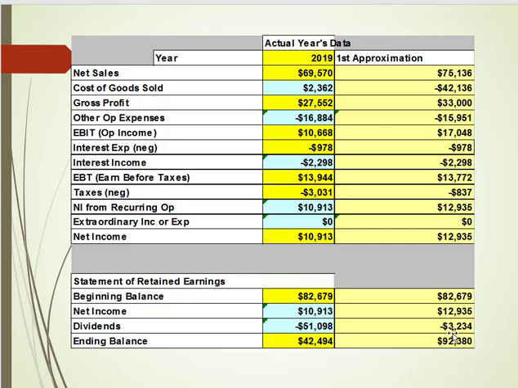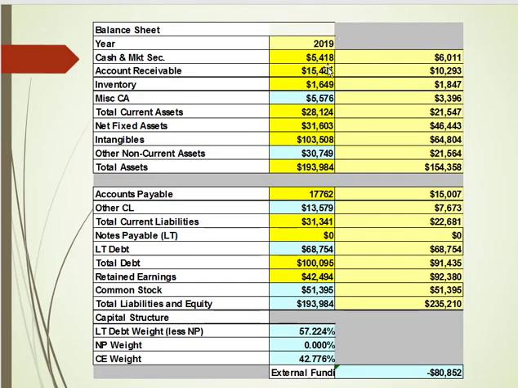So we have numbers that tell us what the numbers ultimately are going to look like next year should our prediction come true. We also have a balance sheet that's created. And in this course, here's where the external funds analysis comes into play. Retained earnings is already assumed. So if we need any more money, we're going to have to go outside the company.